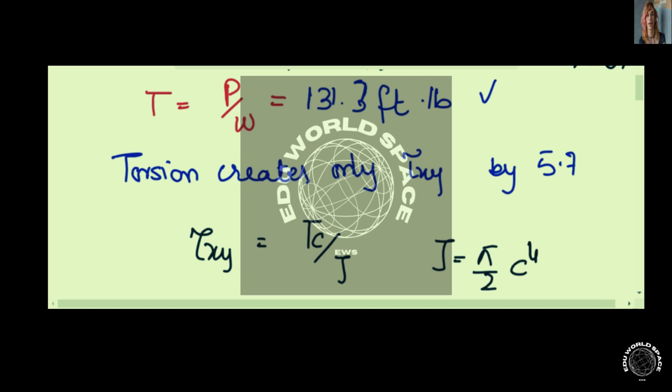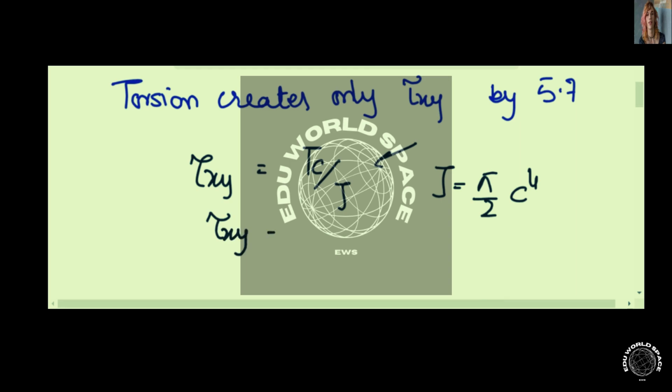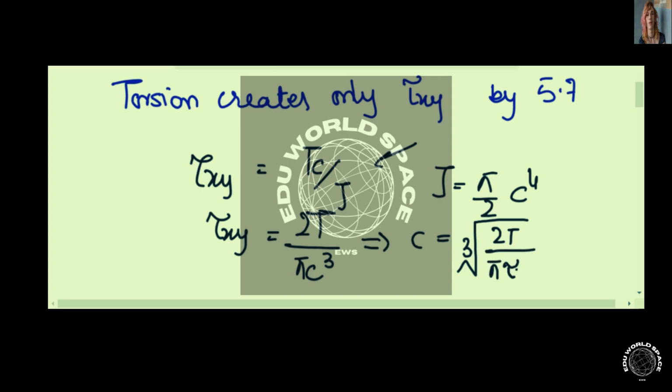So this can be rewritten as shear stress equal to 2T divided by pi times c cubed. When we solve it for c, we get c equal to the cube root of 2T divided by pi times the shear stress. This above equation is the one that we'll use to find the radius.